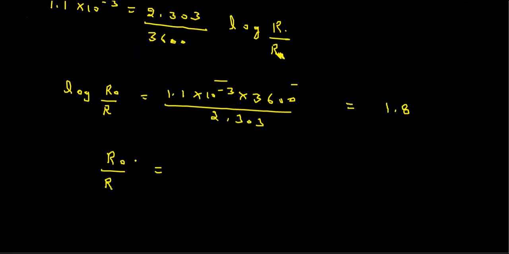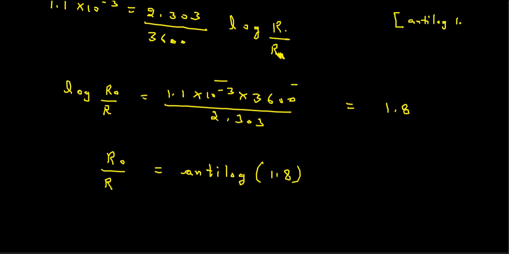So if you want to find the ratio R naught upon R, we take the antilog, because when the log goes to the other side, it becomes antilog of 1.8. That value will be given to you in the question, because without a log table you can't find it.